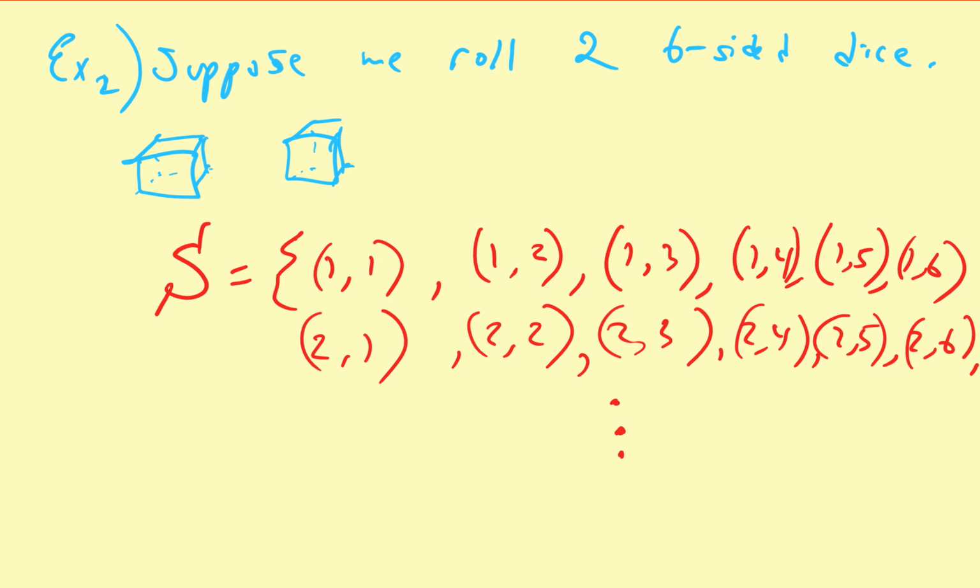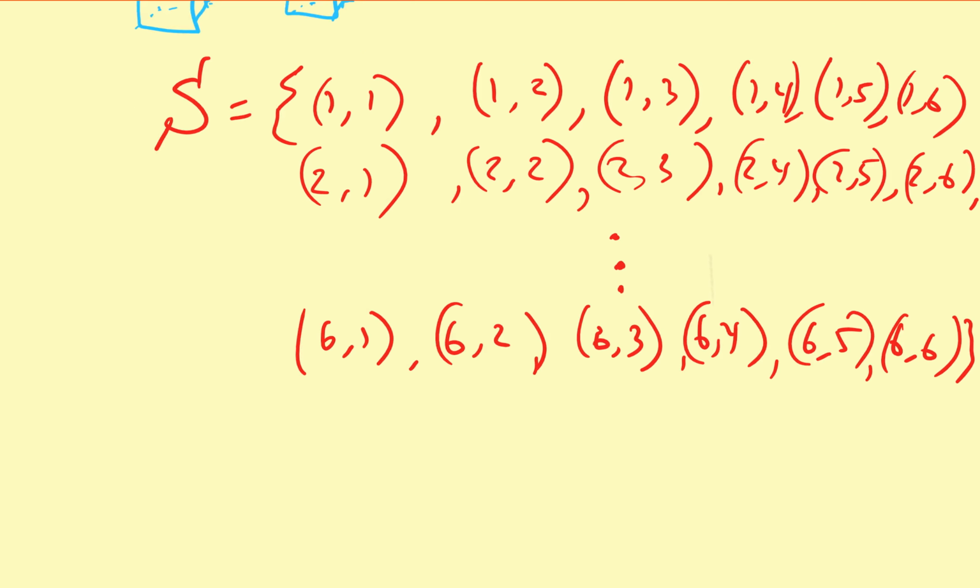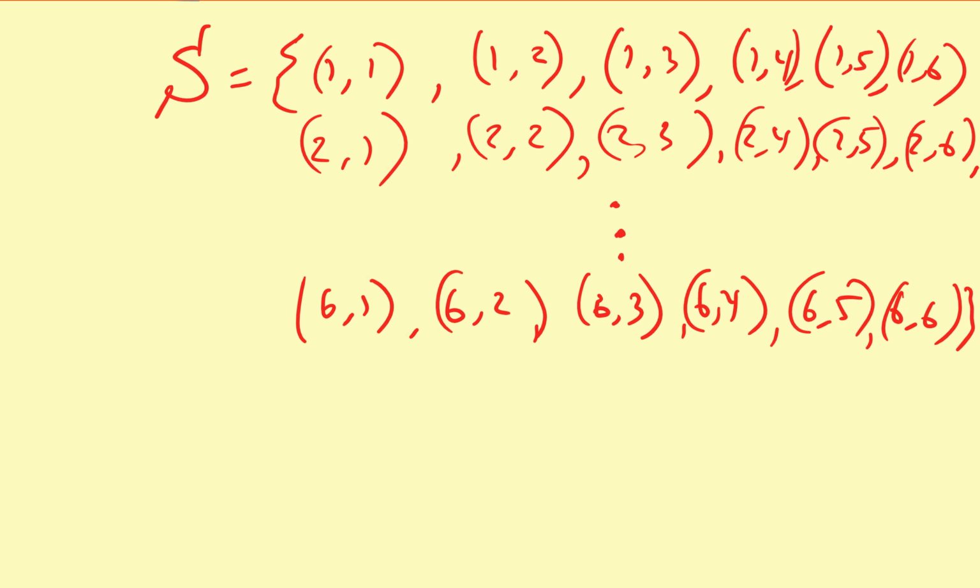And I can continue this process onwards until I get 6 and 1, 6 and 2, 6 and 3, 6 and 4, 6 and 5, and 6 and 6. So these are all the possible outcomes that you could get.